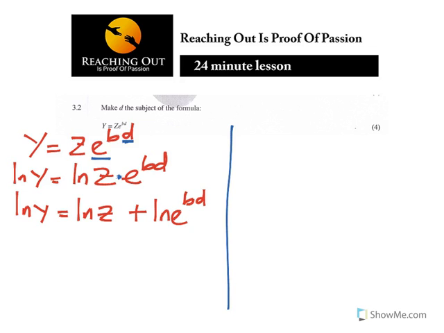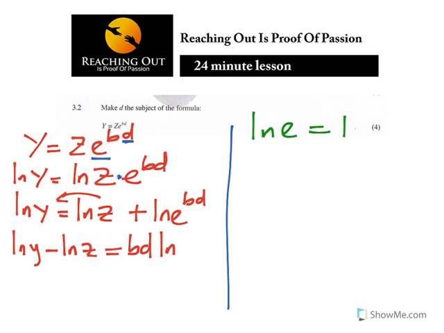So now we have ln y minus ln z, z has to join y that side, is equal to ln e to the bd. What you need to know is that ln e is equal to 1. So bd will drop, giving you ln e. Why? Because ln e is in base e, so it's ln e of e, which is equal to 1, just like log base a of a is equal to 1.